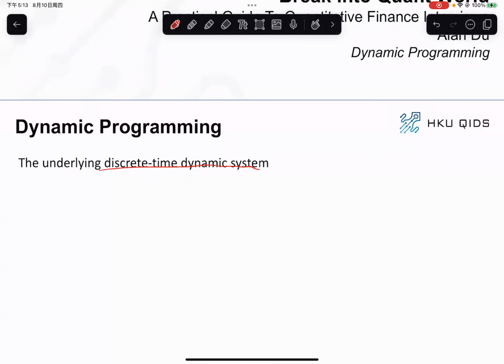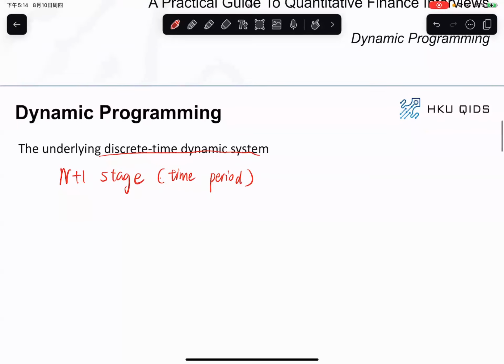Assume that the problem has n+1 stages, which are basically just time periods. Following the convention, we label them 0, 1, all the way to n, starting from 0, which is the initial stage.